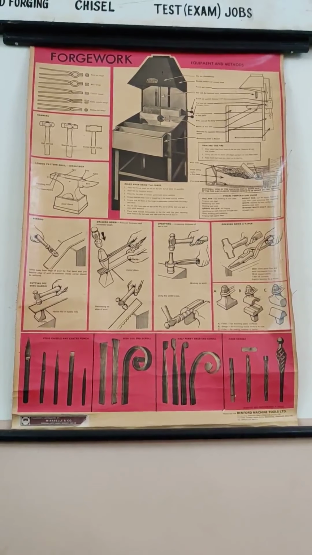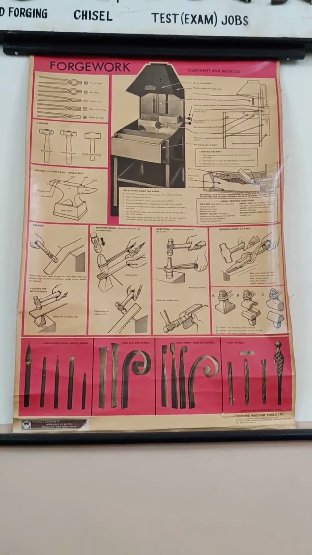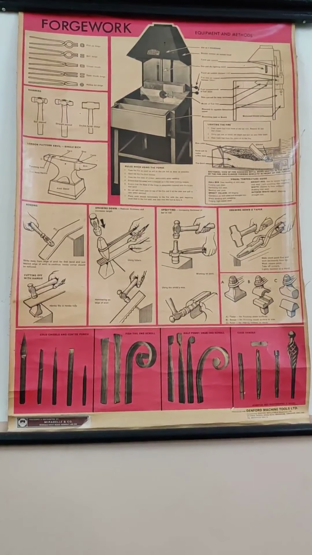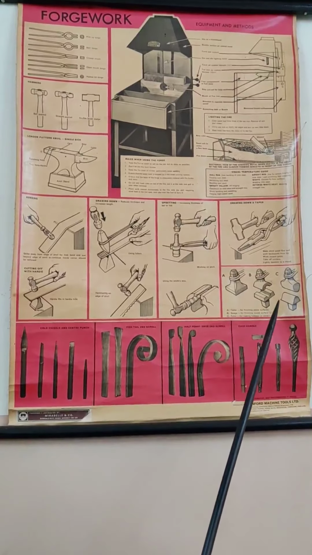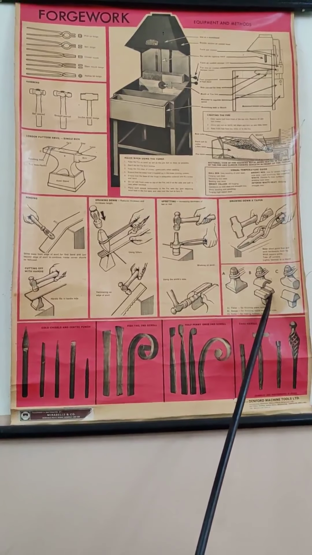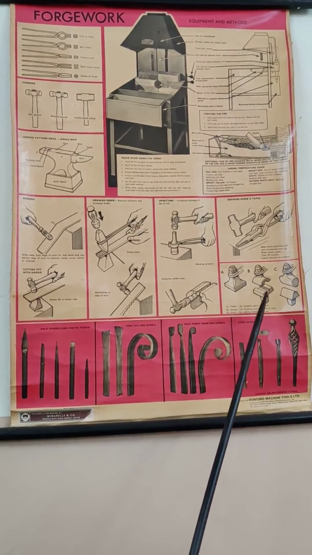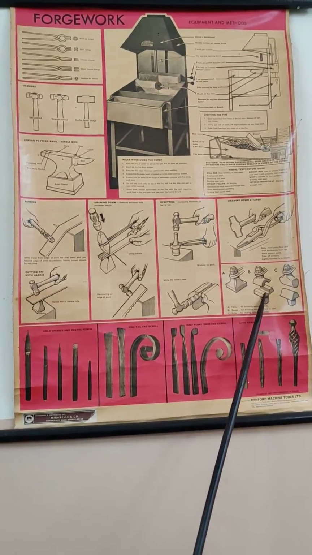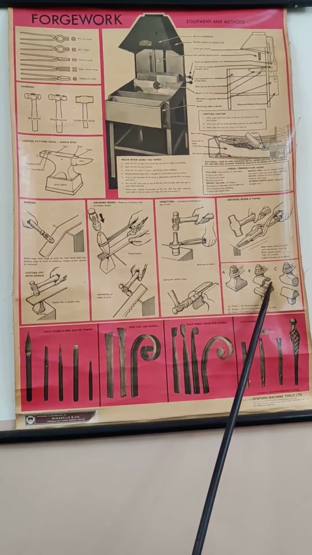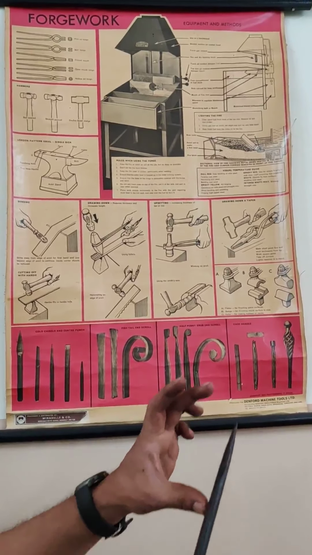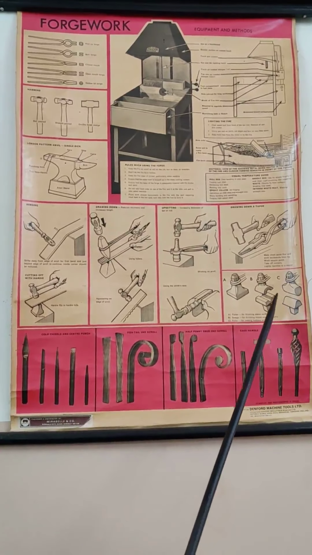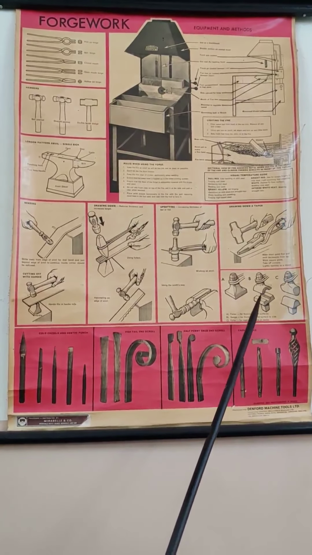So we have seen upsetting, and now the next operation is swaging. Swaging is giving a particular regular shape. This is round here, this is half round here, and the other half is on the top. Suppose at the end of a bar you want to give a specific shape. It could be square, it could be round, it could be hexagon.